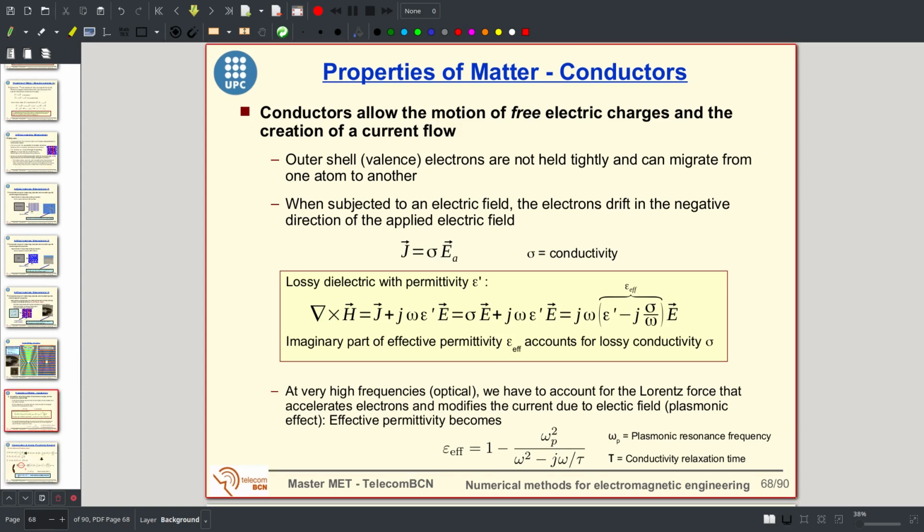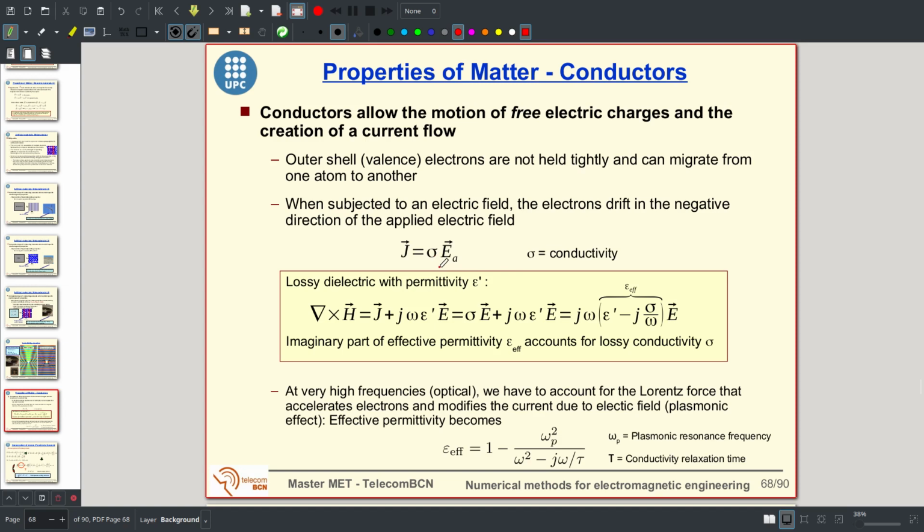And to finish with materials, we have to remind the properties of conductors. You know that in conductors you have free electrons, and these free electrons can move along the whole surface of the conductor.